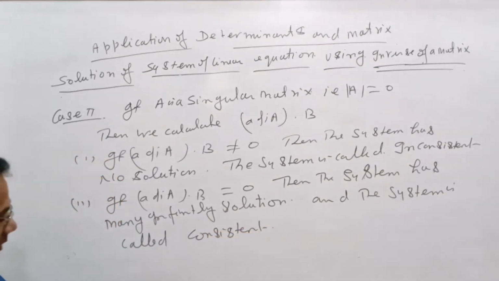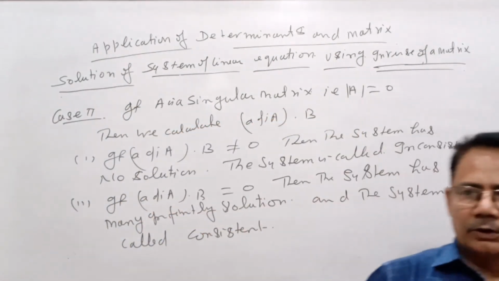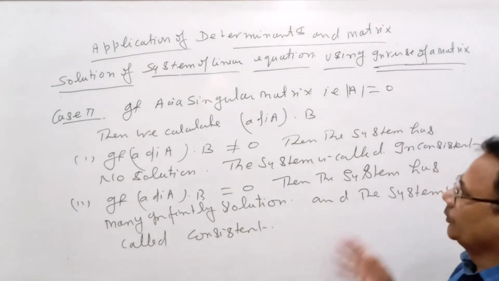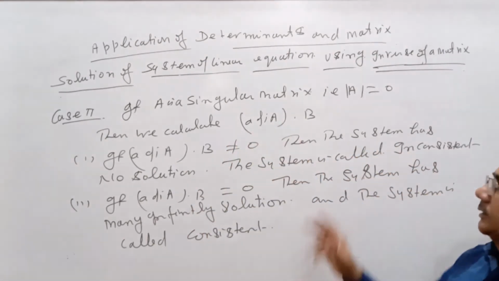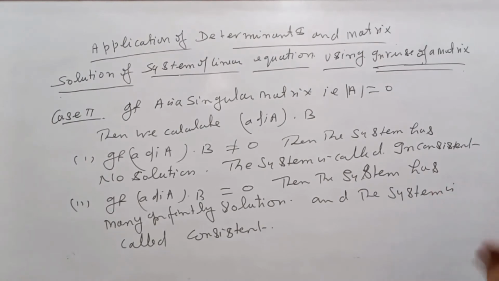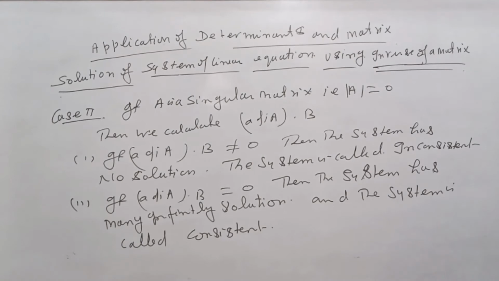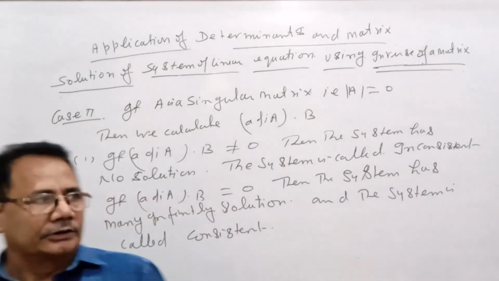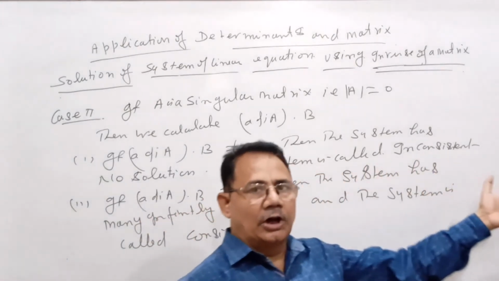That is, if A is a non-singular matrix, we find that the determinant of A is not equal to 0. Then this matrix is called a non-singular matrix. Then we calculate the value of the adjoint of A into B. If adjoint of A into B is not equal to 0, then the system has no solution, and the system is called inconsistent.